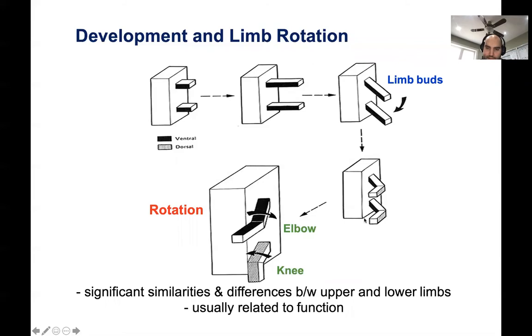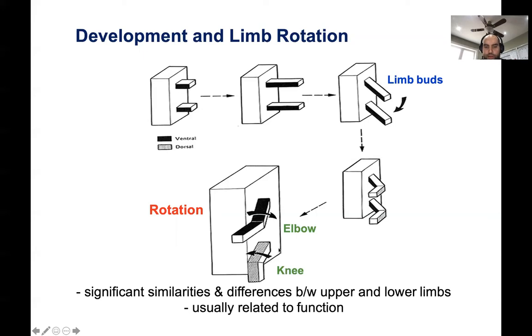Okay. The next step is that the joints start developing. So at the top over here would be the early elbow. At the bottom over here would be the early knee joint. Now, the thing that causes a difference between the elbow and the knee is the last step, and that's what happens when rotation occurs. So at this step, you have joints that have now formed, allowing the rotation to occur. The rotation of the upper limb happens in one direction.